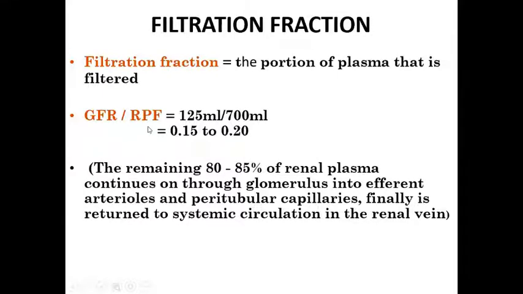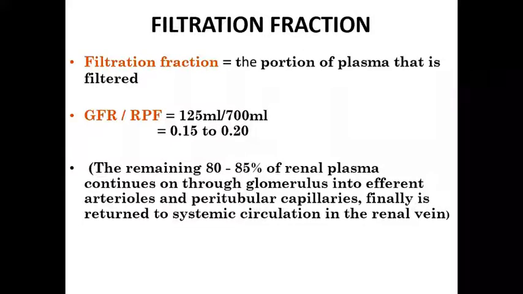There is a difference between renal plasma flow and renal blood flow. Renal blood flow, we said, is 22% of your cardiac output, which translates into 1.1 liters per minute going to the kidneys. Plasma is 55% of the whole blood.